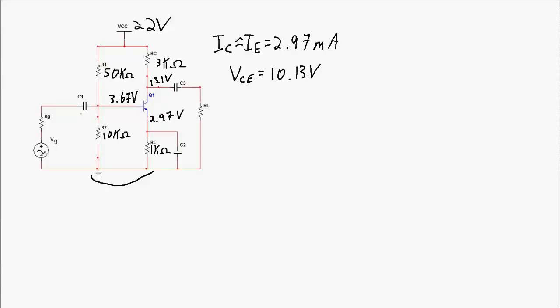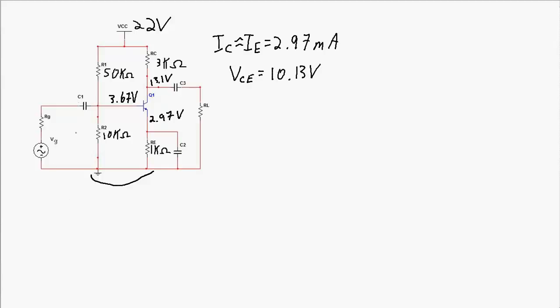Now what happens is this AC signal gets superimposed upon the DC biasing point here at the base. The way that works is this capacitor C1 couples in the AC signal, but at the same time it blocks the DC signal from affecting the signal outside of the amplifier circuit.